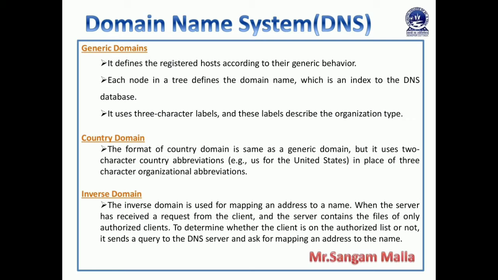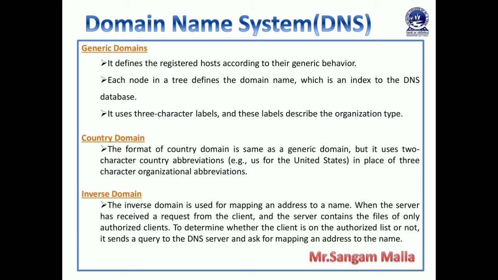So the country domain is the special category of DNS which is actually used to demonstrate which country it belongs to. Let's take an example like US stands for United States, UK stands for United Kingdom, IN stands for India.